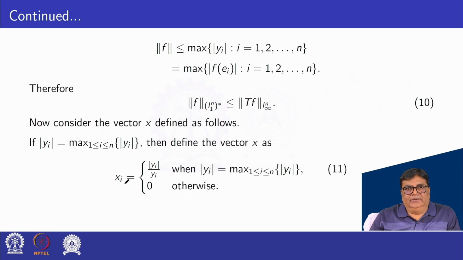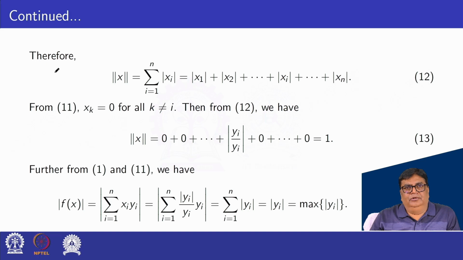So the ith point of vector x is defined as xi equal to mod yi upon yi, when mod yi is the max value of mod yi, and 0 otherwise. Therefore, norm x equal to summation i equals 1 to n mod xi.